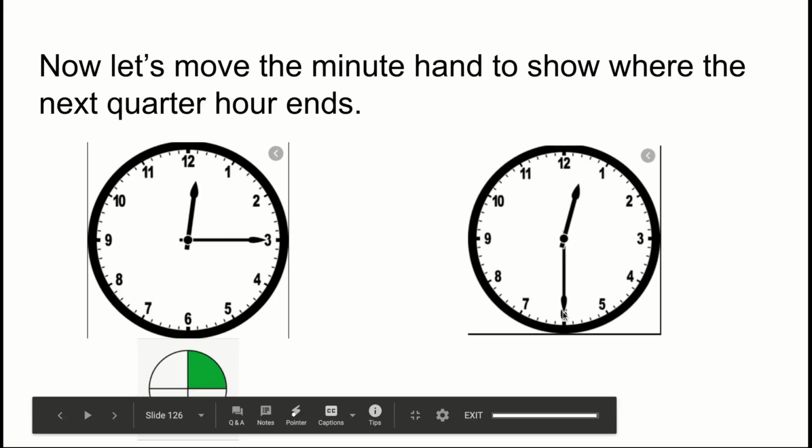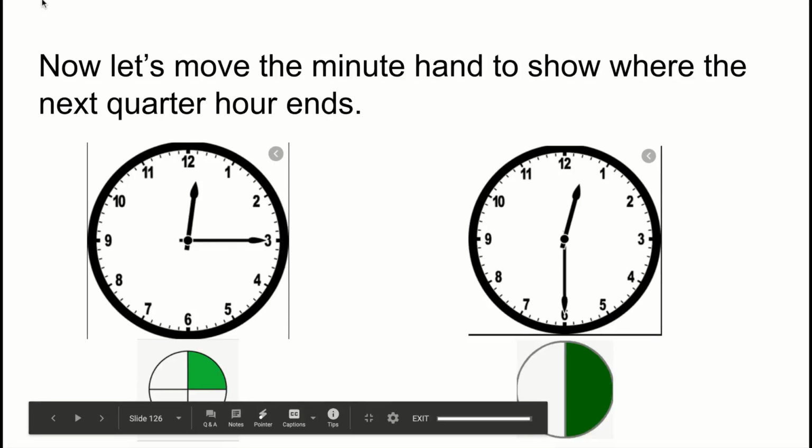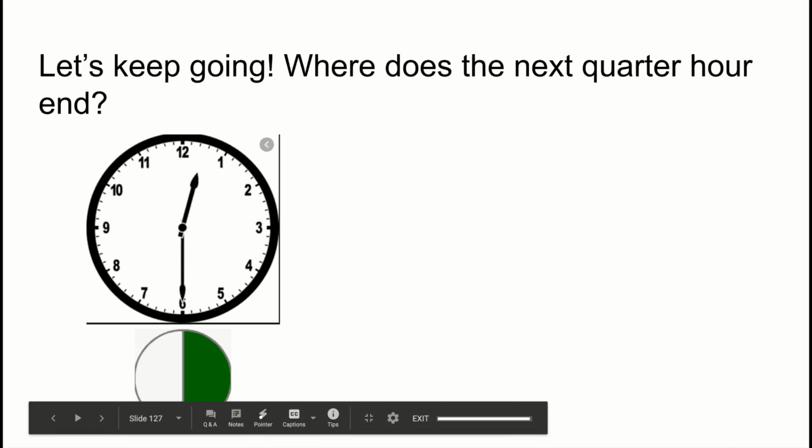The minute hand would move to the 6, so that it shows half an hour. Let me make sure you can see that. See how the full half is colored in? That's why we say that it's half an hour. Let's keep going.